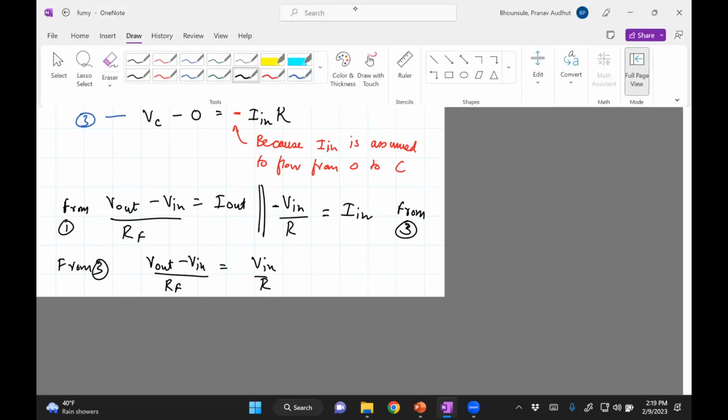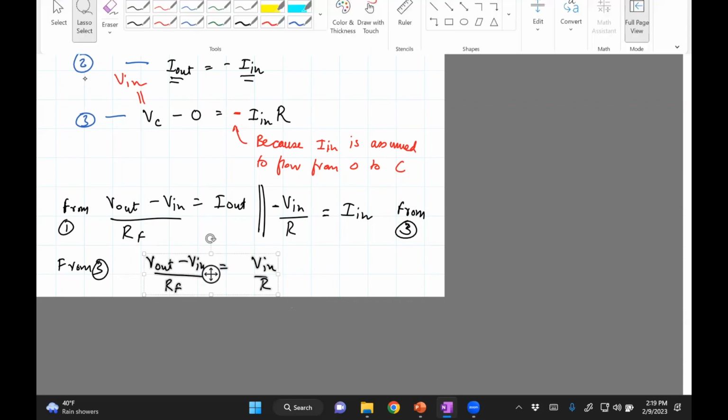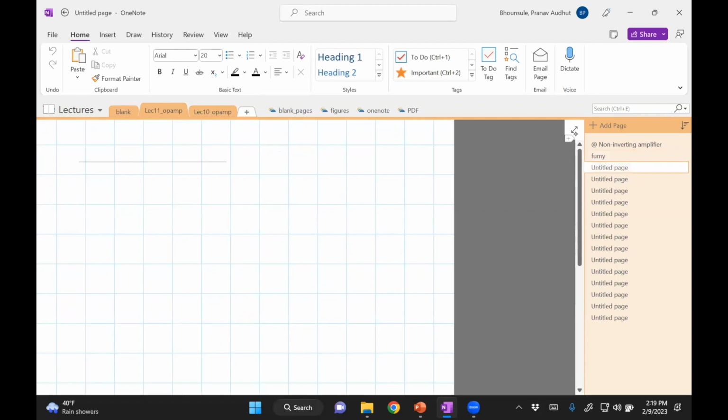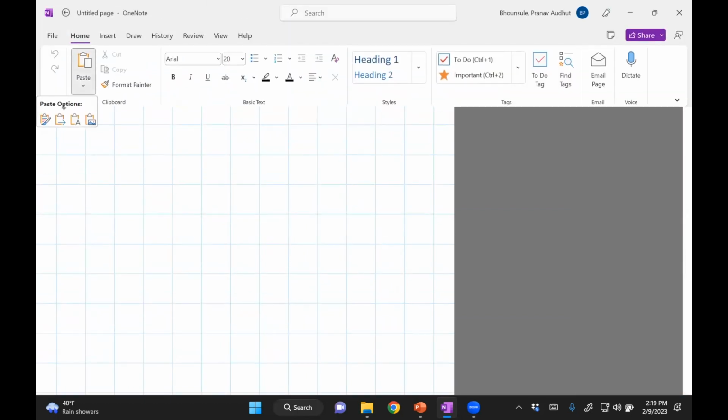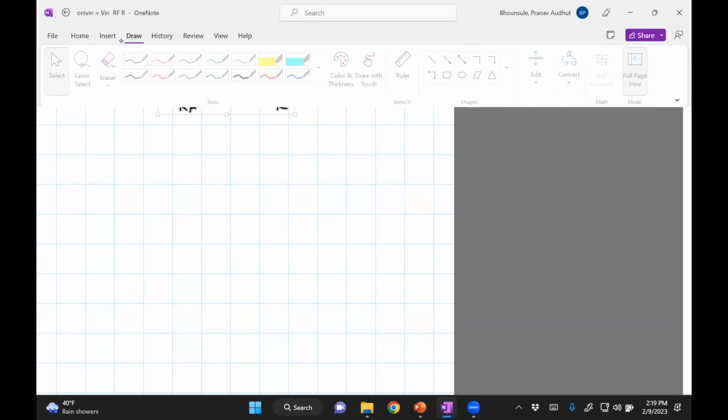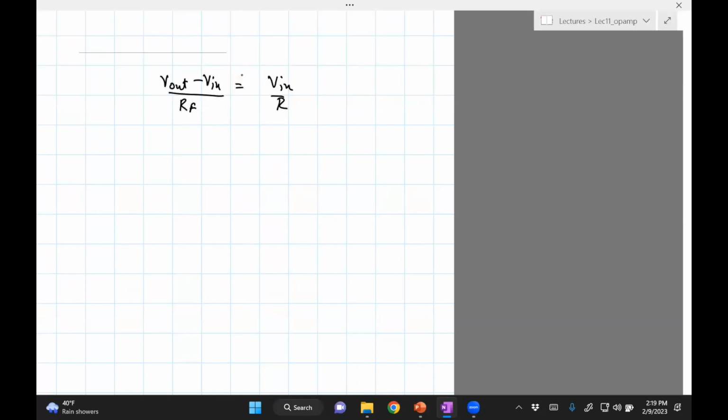Let's simplify this. So V_out divided by RF equals V_in times (1 divided by RF plus 1 divided by R).